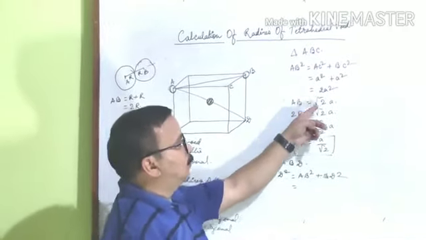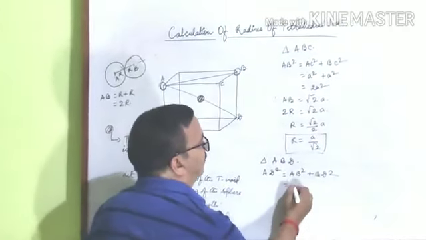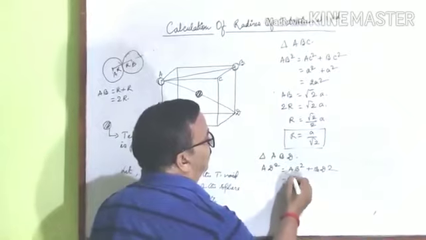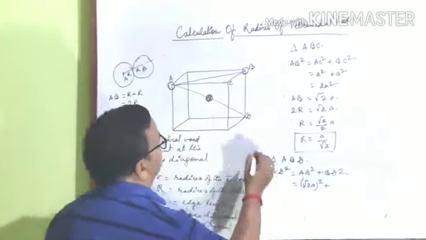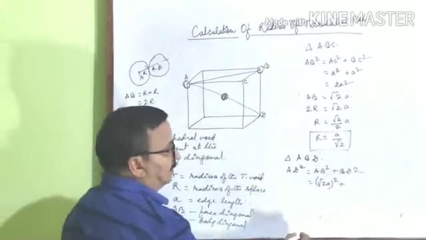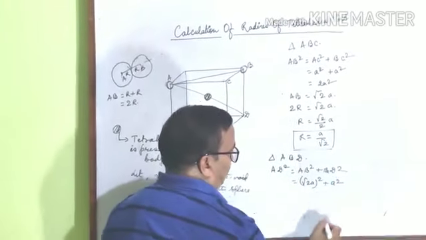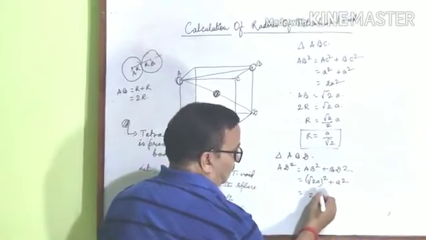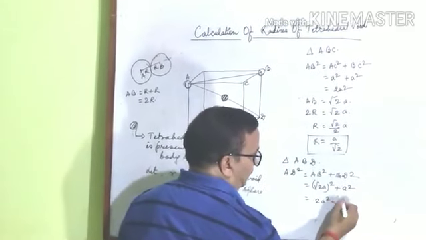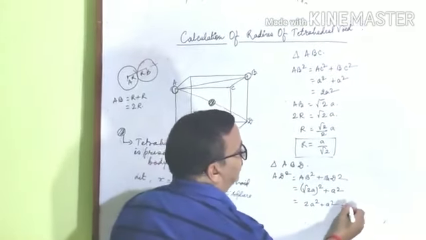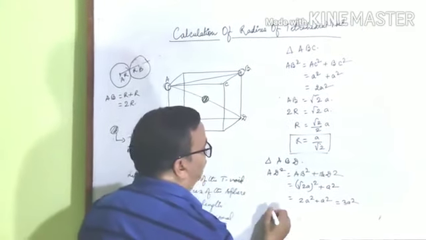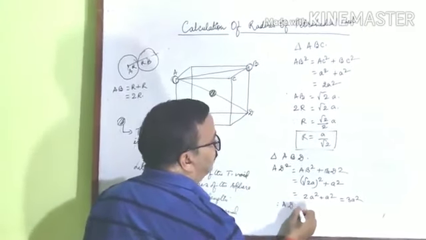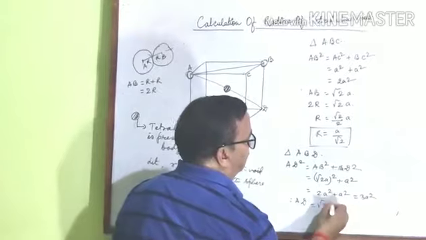It is equal to root 2 a. Therefore it is root 2a square, and BD is the edge, therefore it is a square. So it is equal to 2a square plus a square, that is 3a square. Therefore AD is equal to root 3 a.